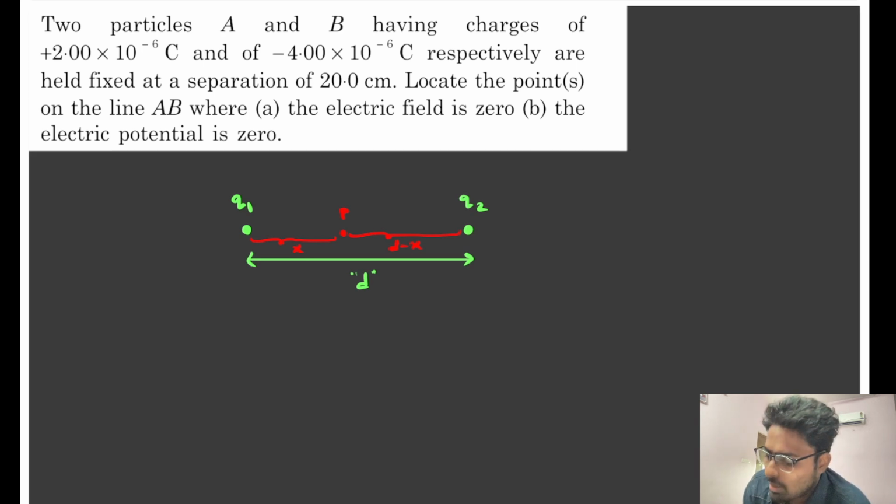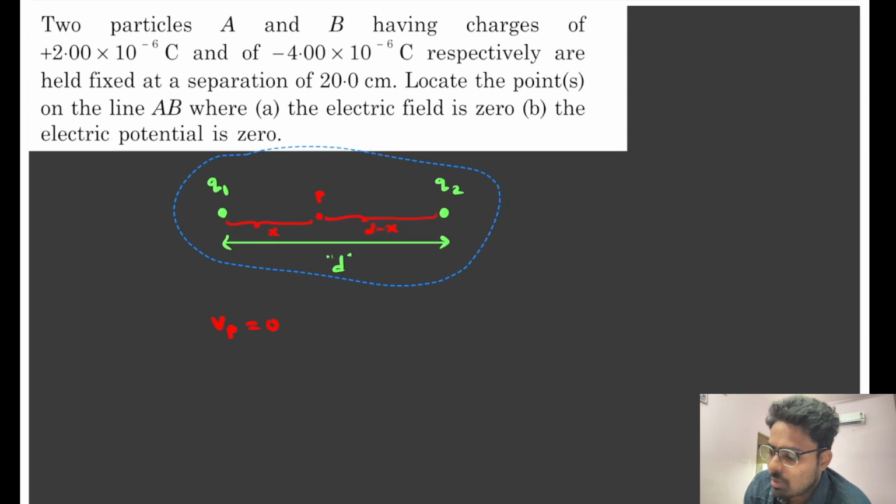So for the potential at P to be 0, as potential is a scalar quantity, there is no need of bothering about direction and all that stuff. In field, you should bother about the direction of that field as well.